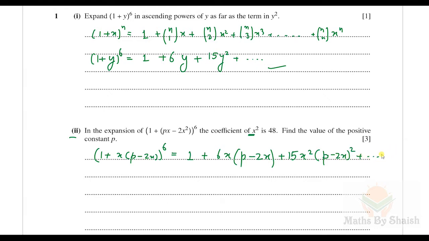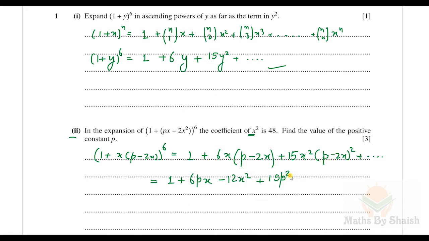When you are already multiplying by x cube, any which way you are not going to get x square, so you'll stop here. Anyway, we can take the hint from this part that if they have asked till y square, we need to go till y square only. And then it is 1 plus 6px minus 12x square, here it is 15x square, so 15x square into this whole bracket expansion.